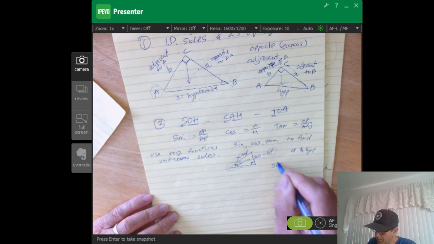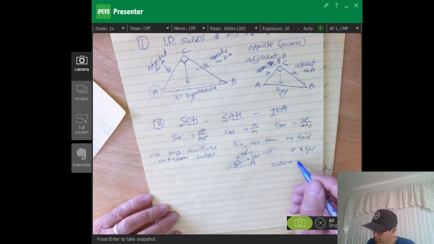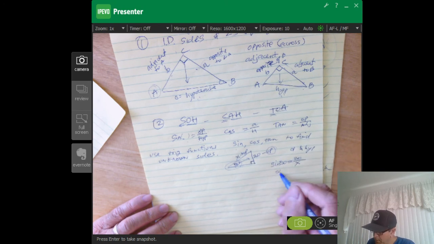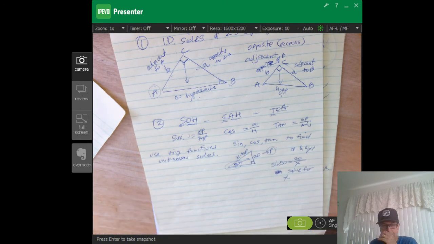So you would just plug it in. Sine of the angle, 50, equals the opposite, which is 20, divided by x. And then you solve for x. Okay, so that's how you do that.